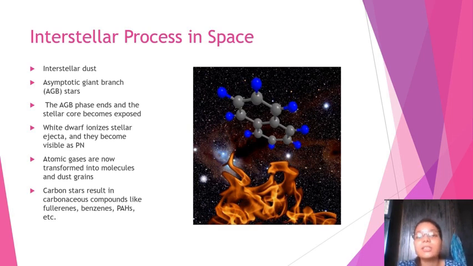The chemical reactions and the nucleation in the AGB outflows transform the atomic gas into molecules and dust grains. So now imagine the carbon-rich stars. For carbon-rich AGB stars, also called carbon stars, this results in a large variety of carbonaceous compounds.